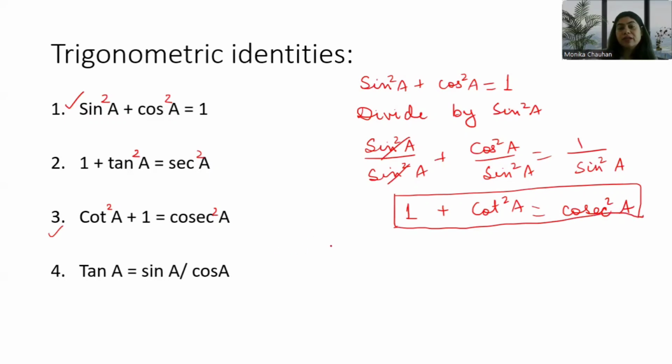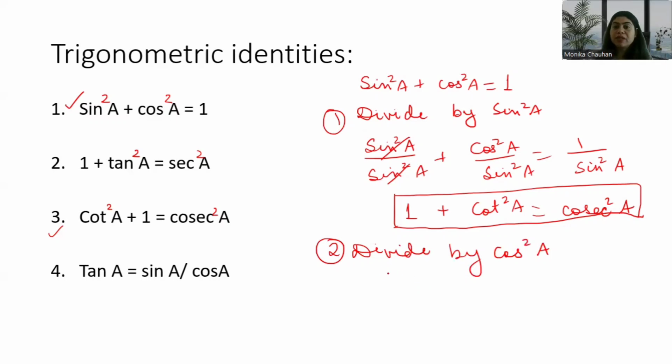And the next one, this time I'm going to divide by cos square A. So this is your first case, and for the second case, you're going to divide by cos square A. Now, when you divide by cos square A, what happened in this? So this is my equation, I'm dividing in this, okay? So let me write this first equation, sine square A plus cos square A is equal to 1.